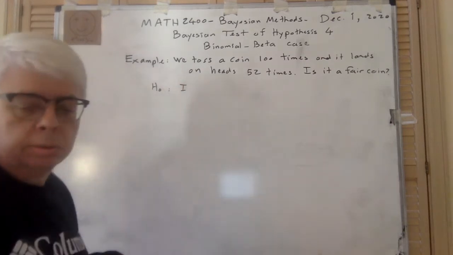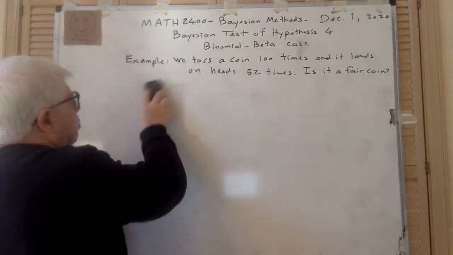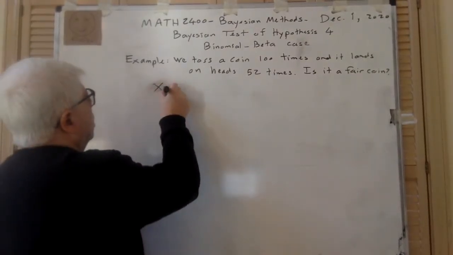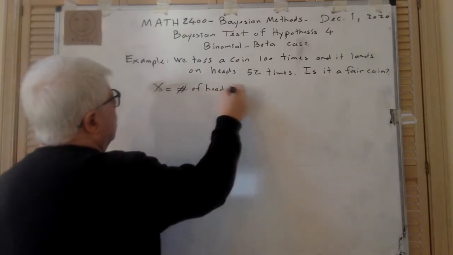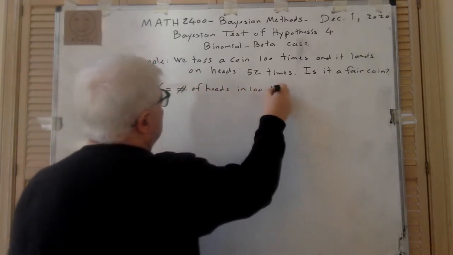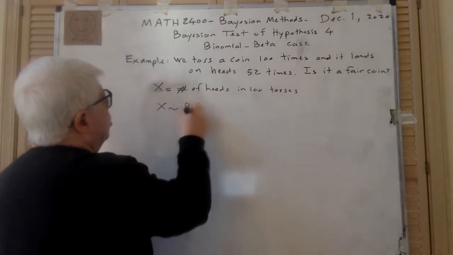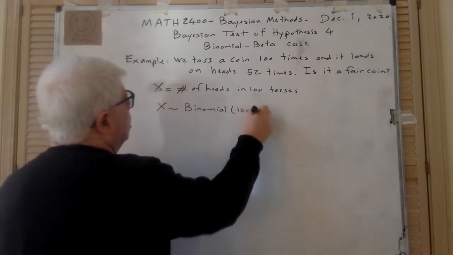Well, let's first write the situation. So let's say X is the number of heads in 100 tosses. So X will be binomial 100 and theta.